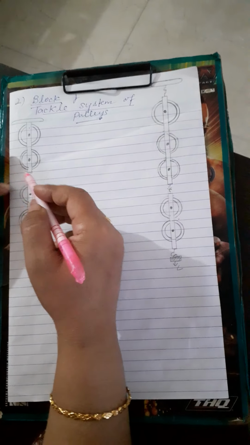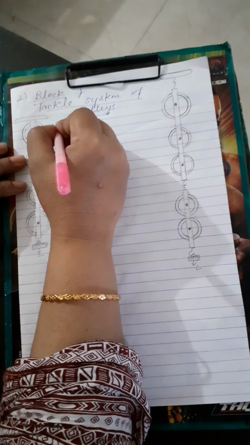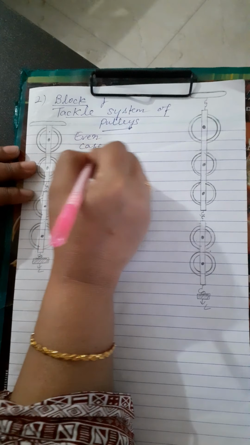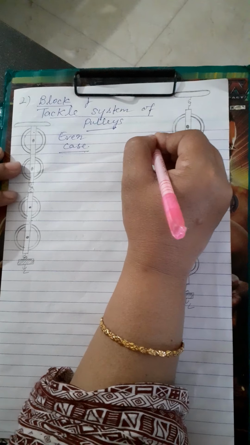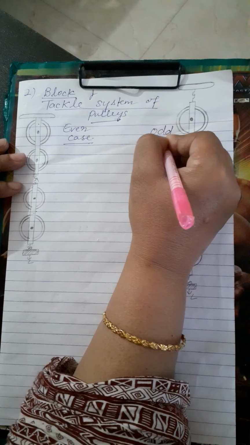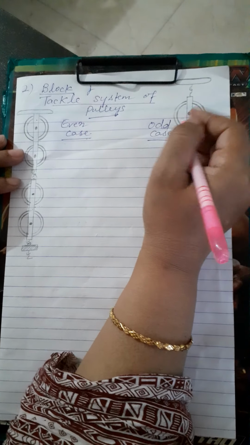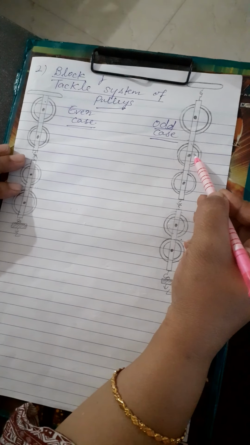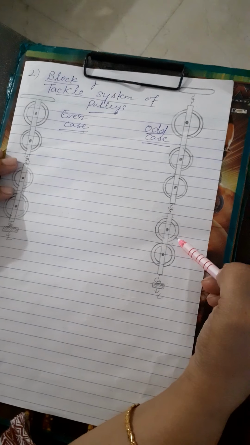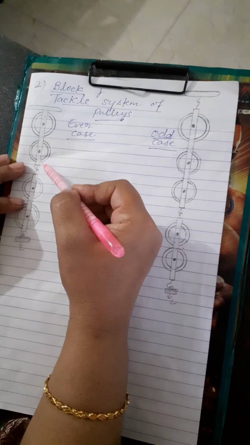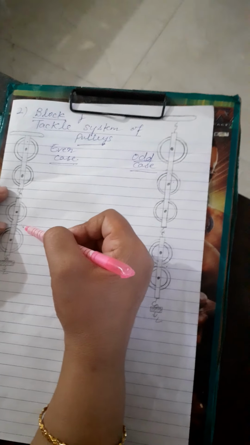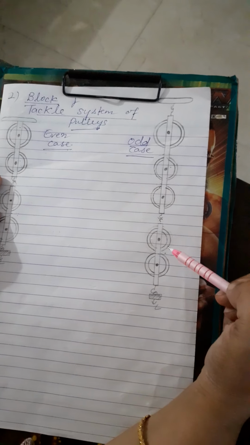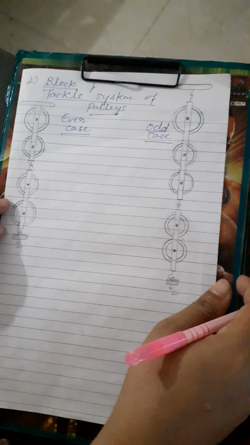Now when we discuss the even case, this is even case, even means 2, 4, 6 like that, and this is for odd case. Odd means 1 we can't apply here, 3, 5. If 3 are there, 2 in the upper block, 1 in the lower block, and here 4 are there, 2 in the upper block, 2 in the lower block. Now here we have taken 5 pulleys, 3 in the upper block, 2 in the lower block. So one by one we will discuss.